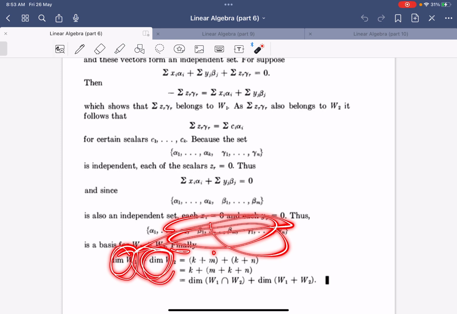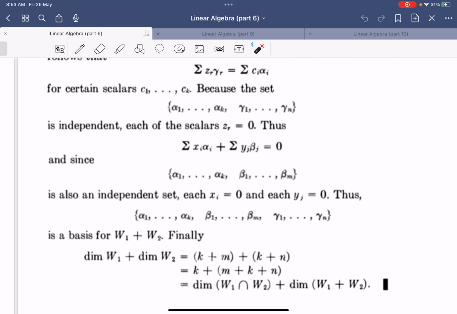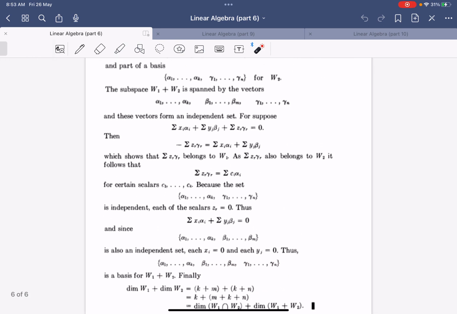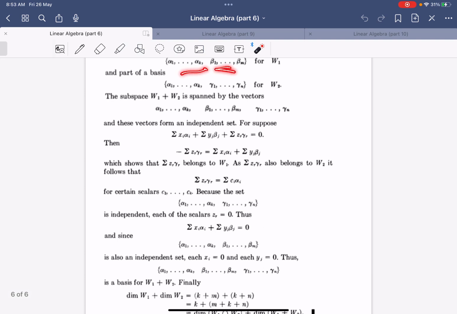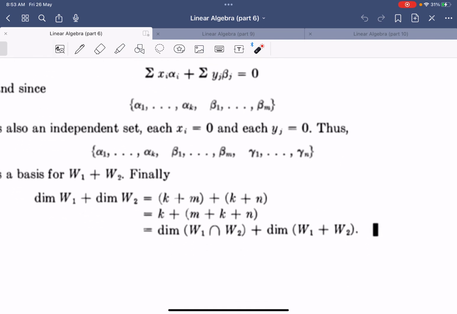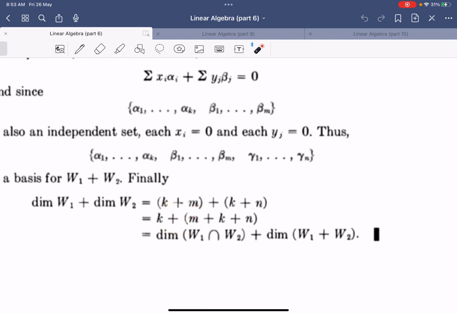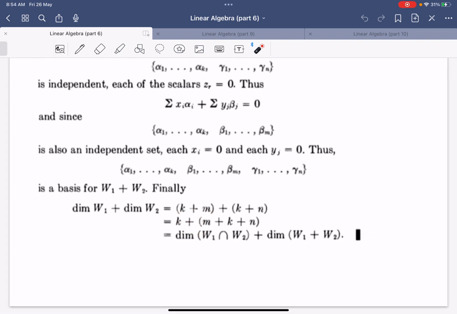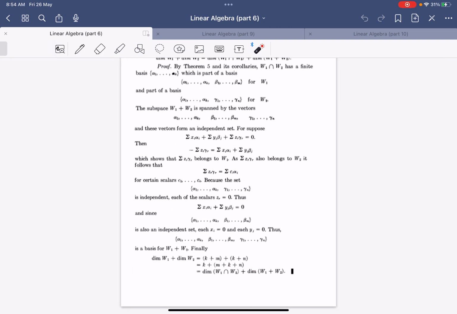And so by just counting the number of elements, we show that the dimension of W1 plus the dimension of W2 must equal k plus m plus k plus n. Really, k plus m, you can group together to get the dimension of W1, and on the other side, you got k plus n, which gives you the dimension of W2.